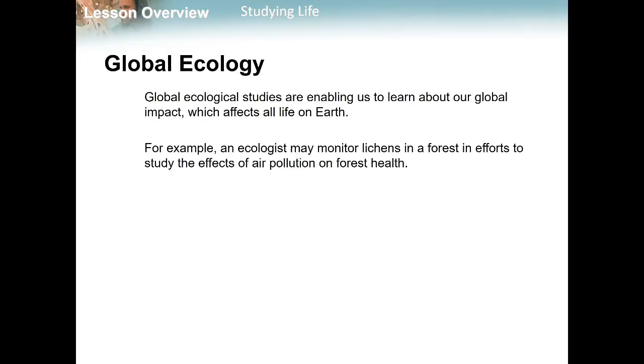They attach to trees and to rocks. You've probably seen them. They're kind of greenish and yellow. And ecologists may monitor these lichens in a forest in efforts to study the effects of air pollution on the forest health, because they won't develop if it is too polluted.